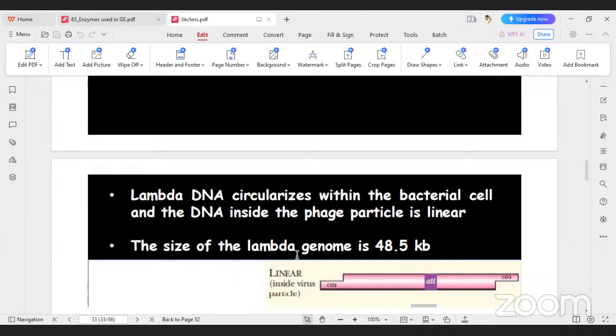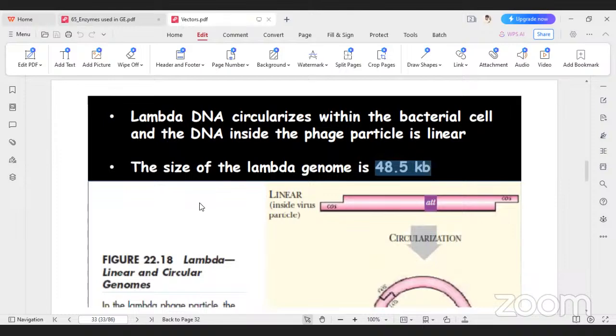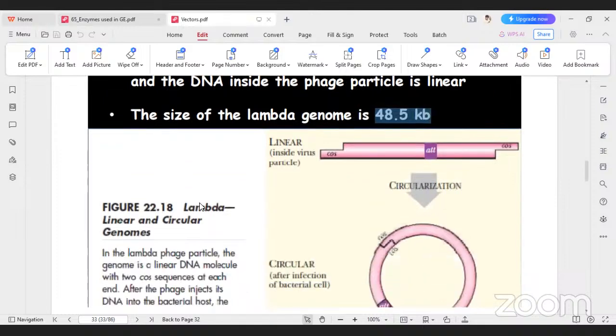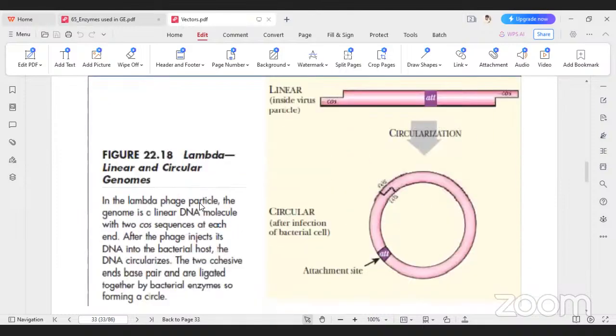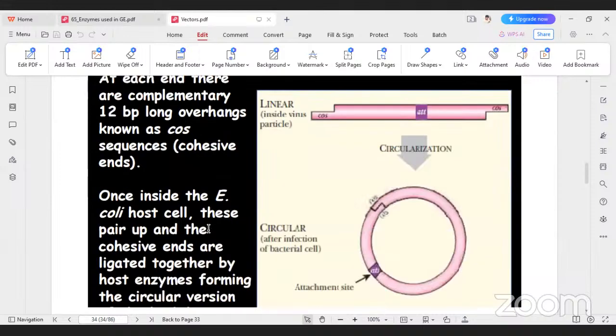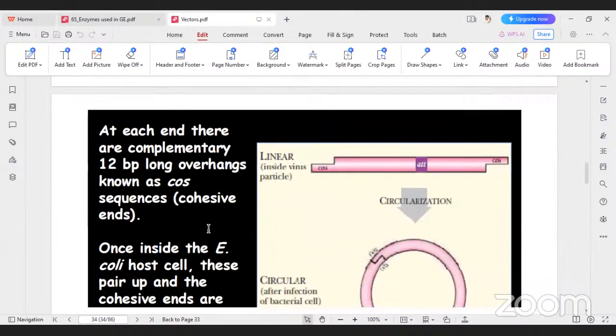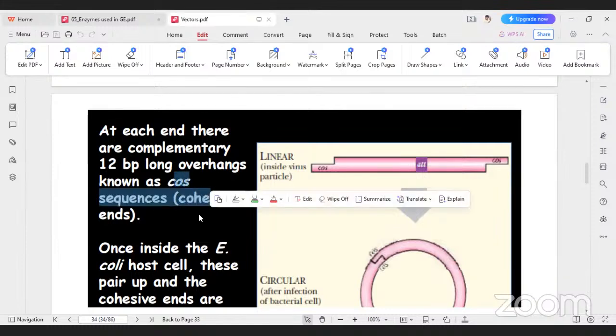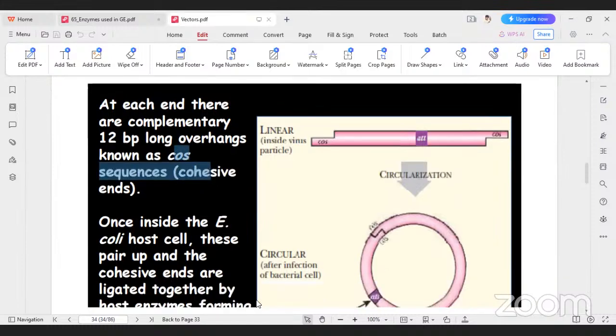The lambda DNA circularizes within the bacterial cell. The size of the lambda genome is about 48 kb, a complex structure. It is a linear viral DNA, which becomes circular. At each end, there are complementary 12 base pair long overhangs, called cos sequences, cohesive ends.